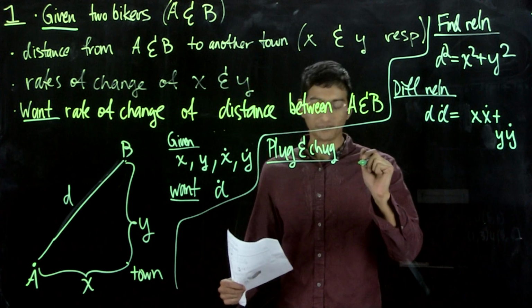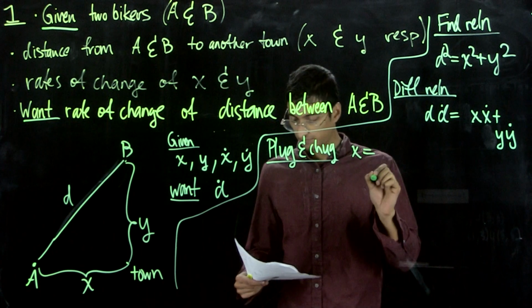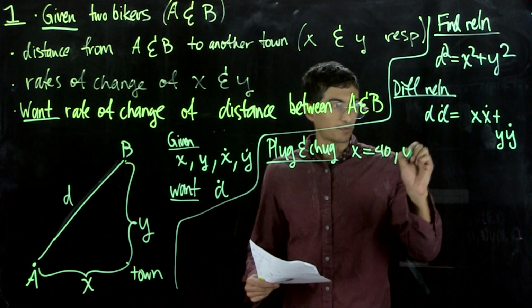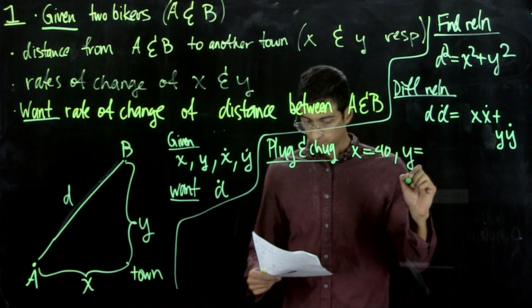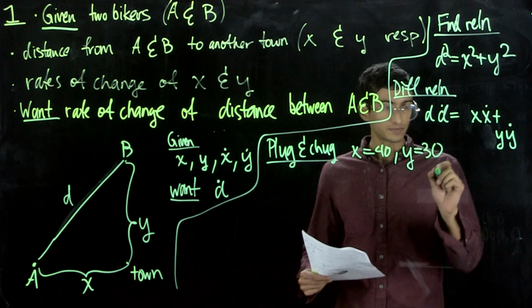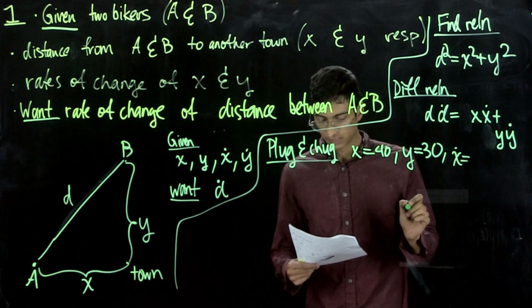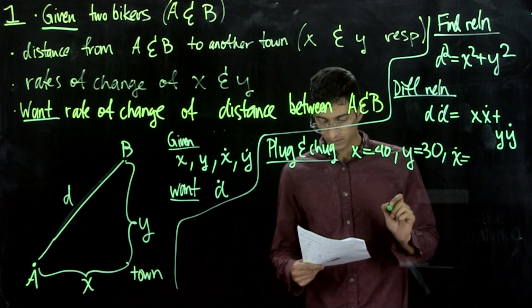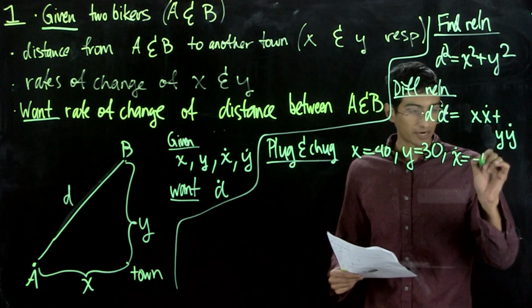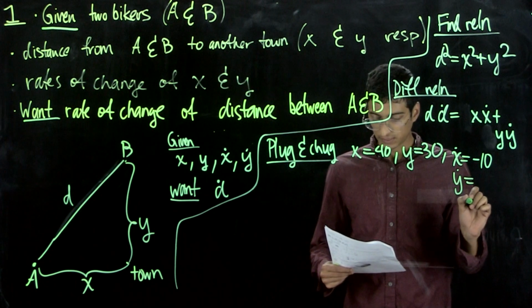In the problem, given that x equals 40, y, and x dot equals negative 10 miles an hour, and y dot equals negative 15.